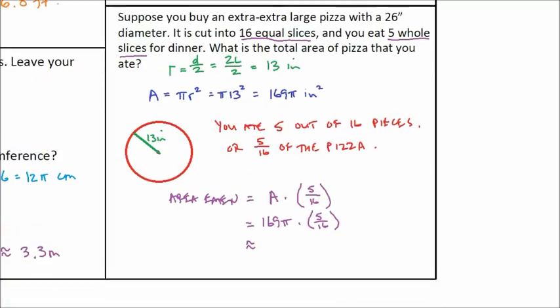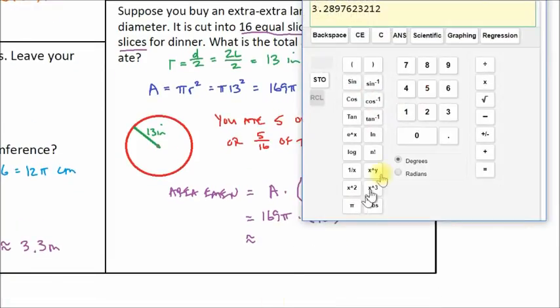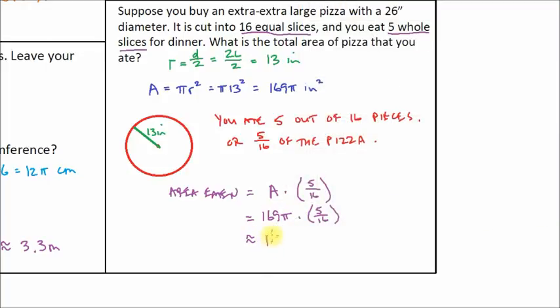Let's go ahead and put that in our calculator and see what we get. 169 pi times 5 pieces out of 16, and we press equal, and we get approximately 165.9. Our unit of measure is inches, and because this is sector area, it's inches squared.